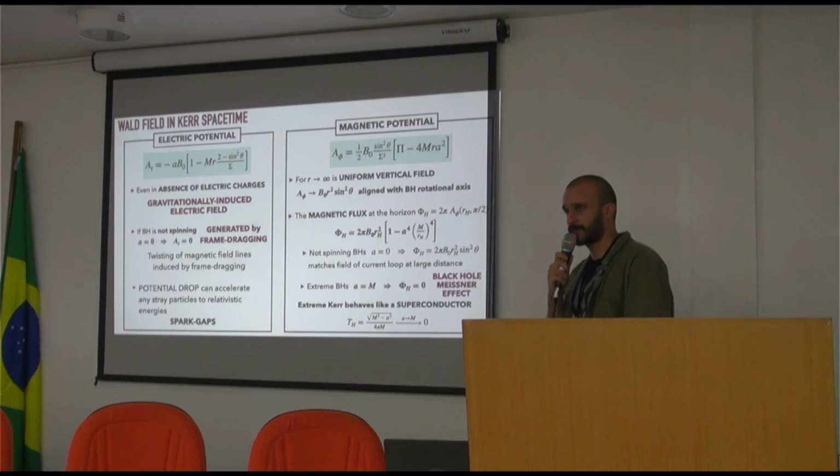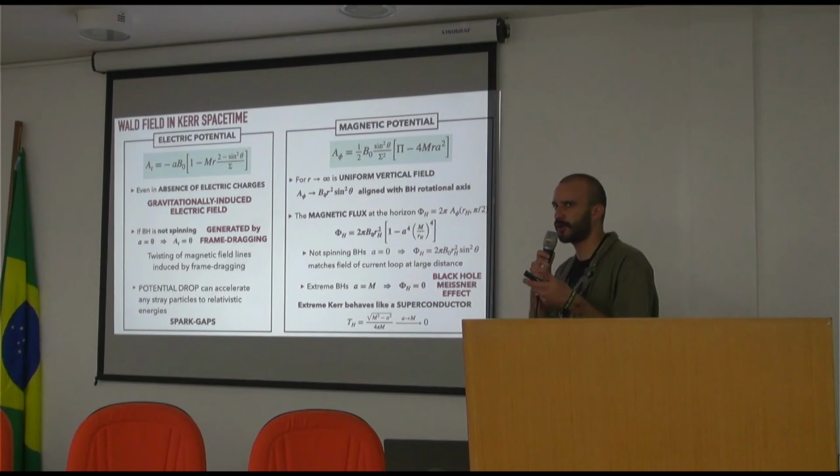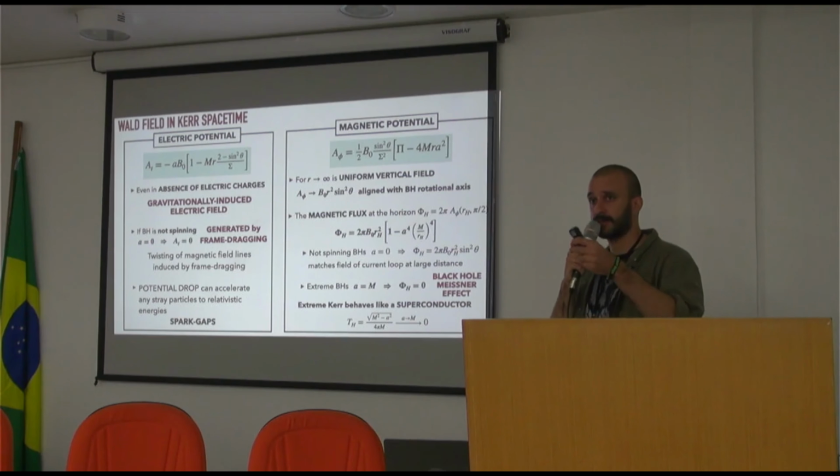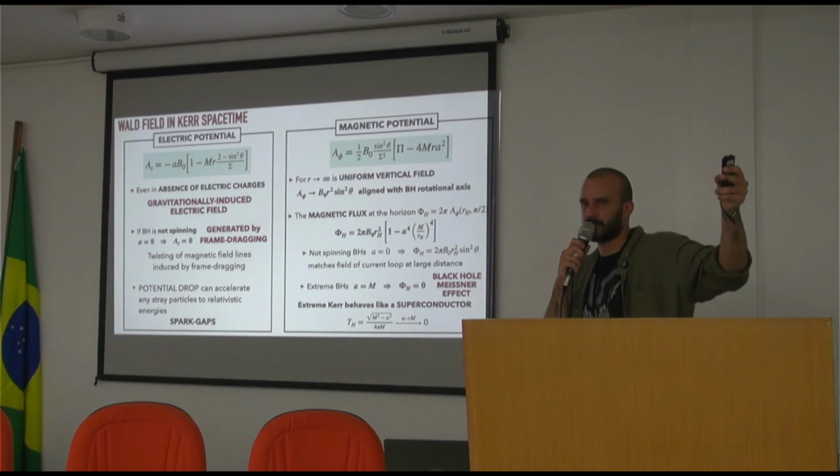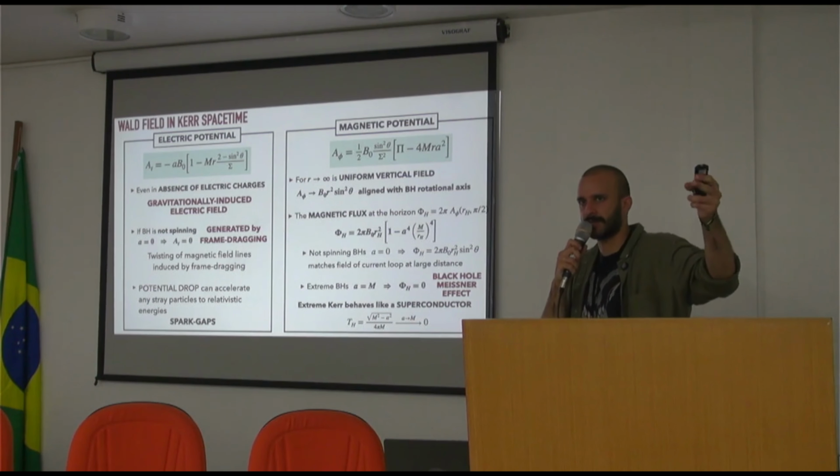It's called like this because the Meissner effect is an effect that we have in superconductors. A superconductor, if immersed in an external magnetic field, behaves like an electric conductor in a sense: it pushes away the magnetic field lines from its interior.